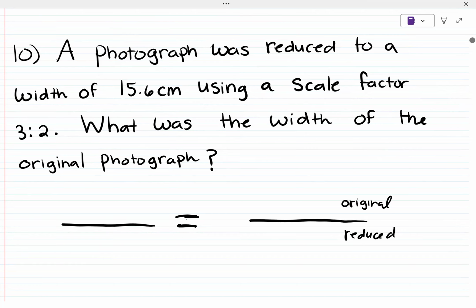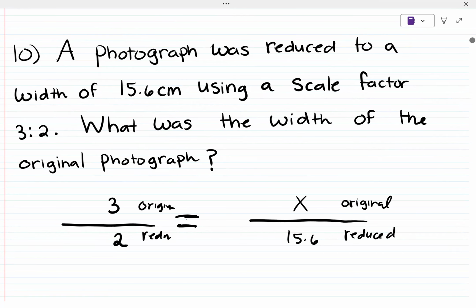It said a photograph was reduced to a width of 15.6. So you could put 15.6 here, and then do we know the original? No. We'll call it X. And then they're also saying that there's a scale factor 3 to 2. So this has to be original, and this has to be reduced, right? The scale factor 3 to 2 is basically saying 3 is the original and 2 is the reduced.